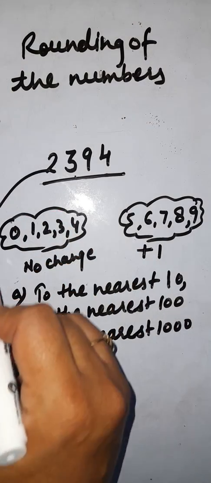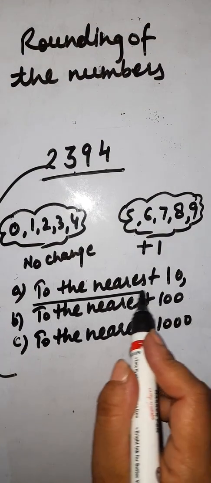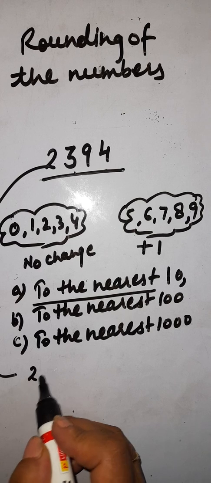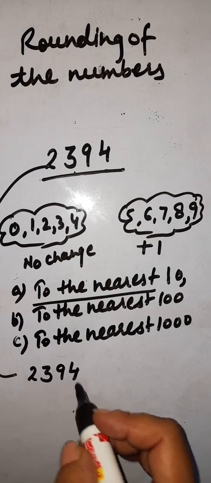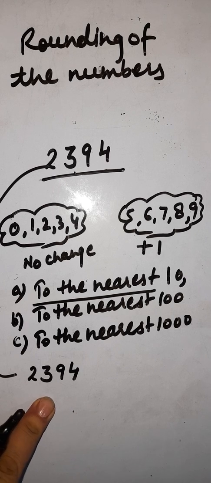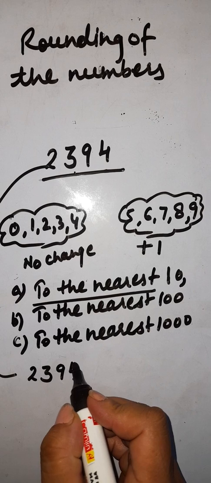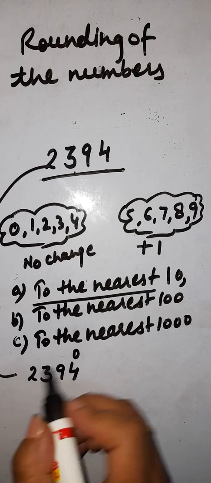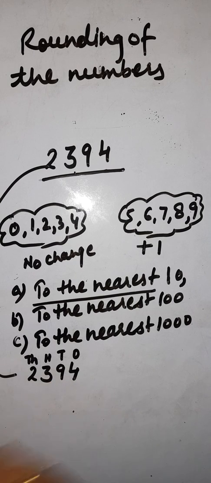So here is the number. First we will round off this number to the nearest 10. This one, 2, 3, 9, 4. Now look at this number carefully. Here children, which digit is in the tens place? So we will write its place values: ones, tens, hundreds and thousands.